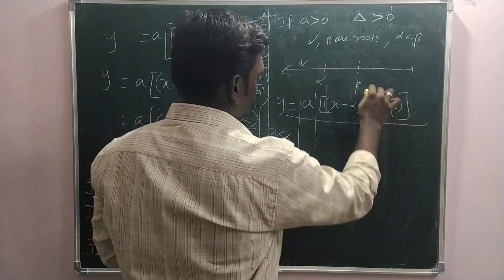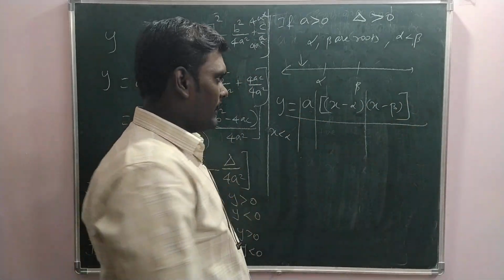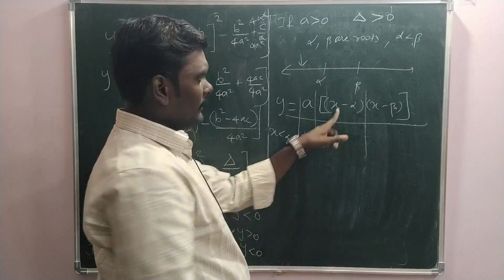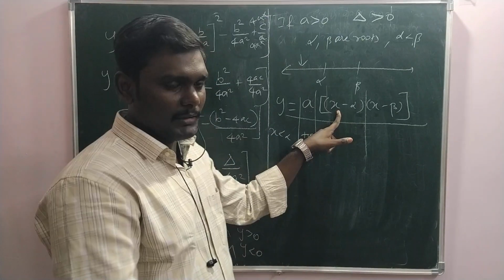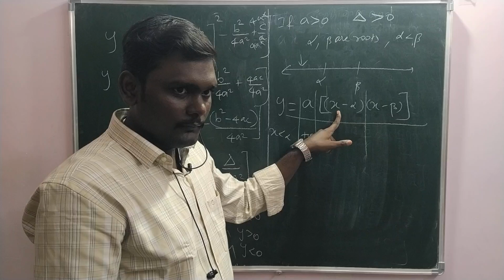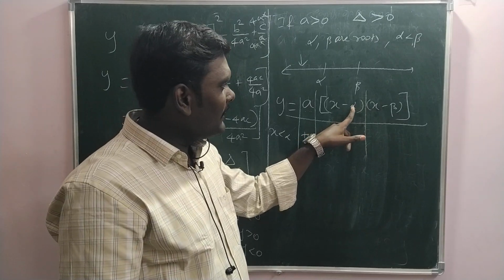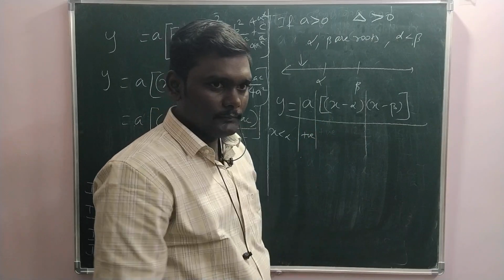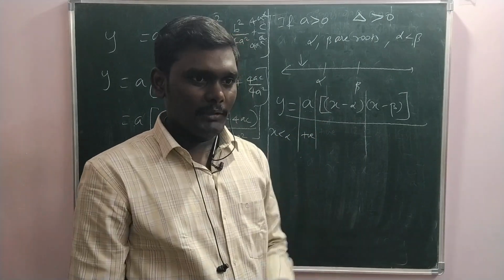You know that expression, just keep it in mind. Here a is positive, no problem. Here I am substituting a value less than alpha. A number less than alpha subtracted from alpha, then will positive come or negative?